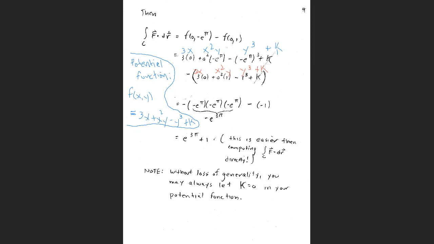The k's cancel out, and when you're done, your work is going to equal e to the 3 pi power plus 1. And that's an exact answer. WebAssign wants that. I want that. That's the best answer. This is much easier than computing this integral directly.